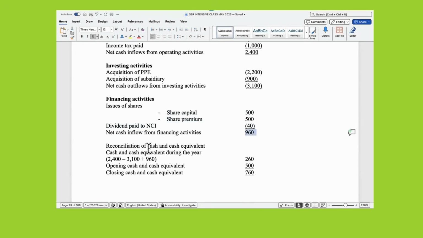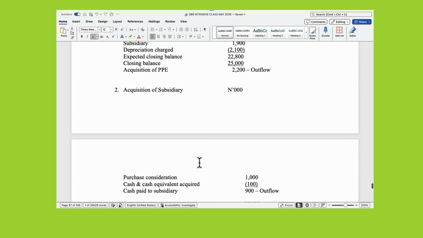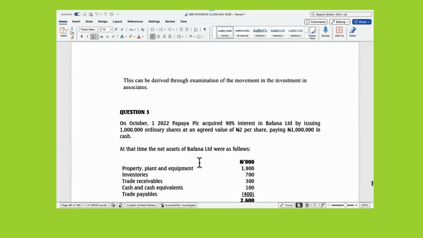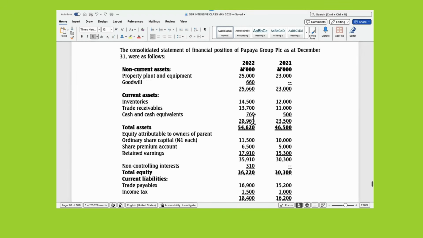Then I reconcile cash and cash equivalent. So during the year, if I accumulate the operating, investing, and financing, I get 260. For my statement of financial position, my opening cash and cash equivalent is 500. If I add the two together, I get 760, which is exactly the same thing as what I have in my cash and cash equivalent at the end.